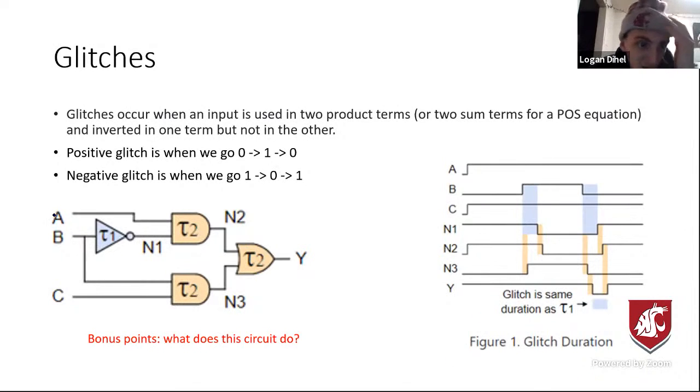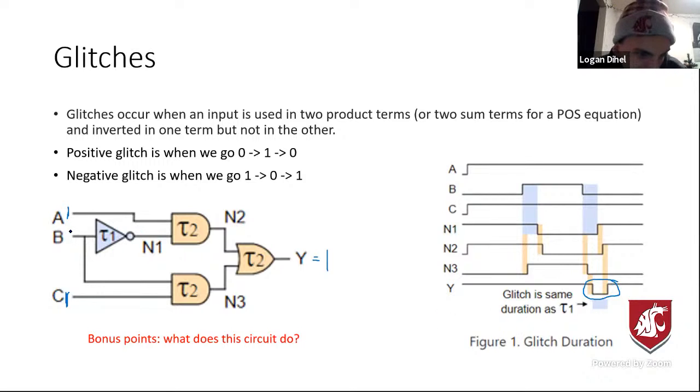So right here, let's say that A is a 1 and C is a 1. We'll just keep those there for the whole time. So in this example, we'll have A and B not, or C and B on Y. So we'd expect Y to be a 1 at all times, but because of this little delay right here, it causes a glitch to happen right there.